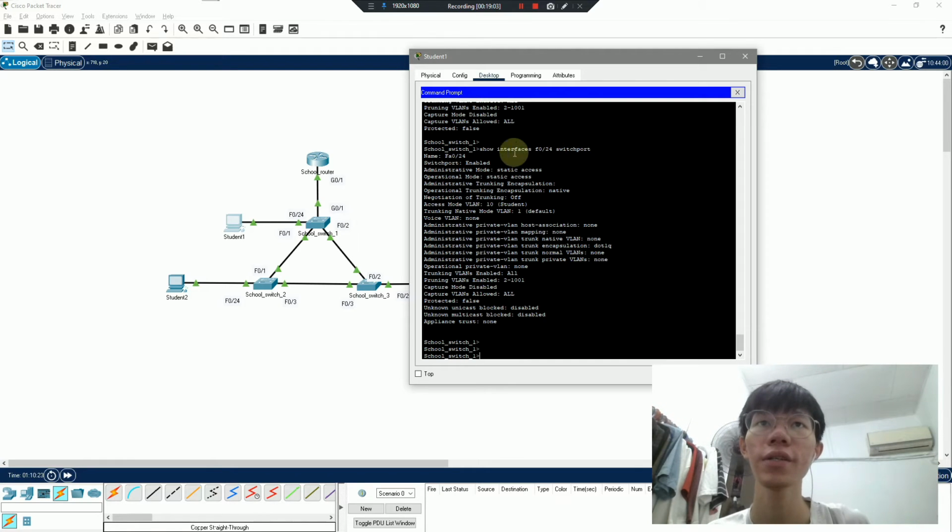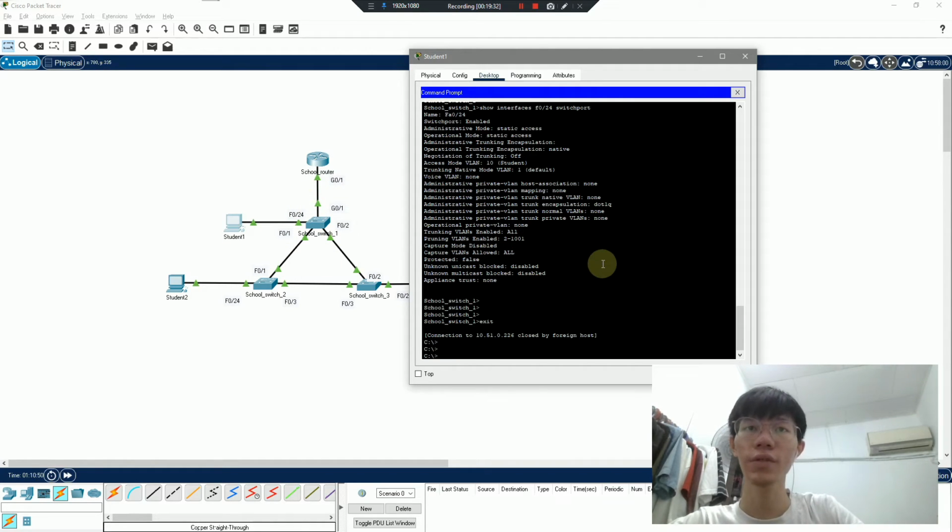So you can look here, the switchport is enabled for the interface, and the mode is static access, and the trunking is not on, and it is access mode to the VLAN 10. Yeah, so this is for the FastEthernet 0/24 on the switch 1. So next we continue for the switch 2.